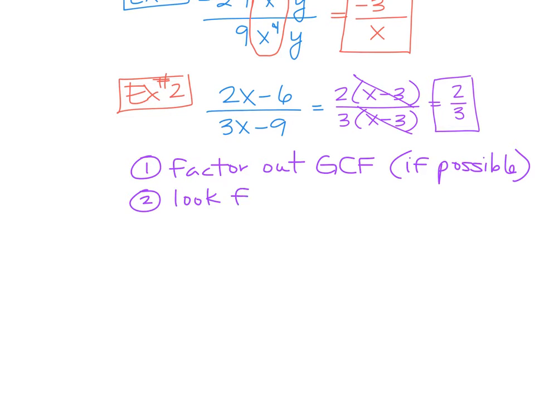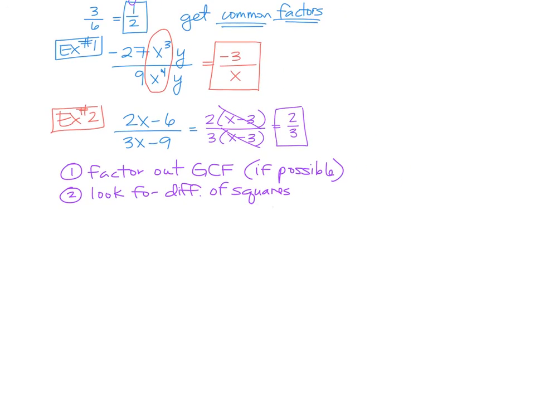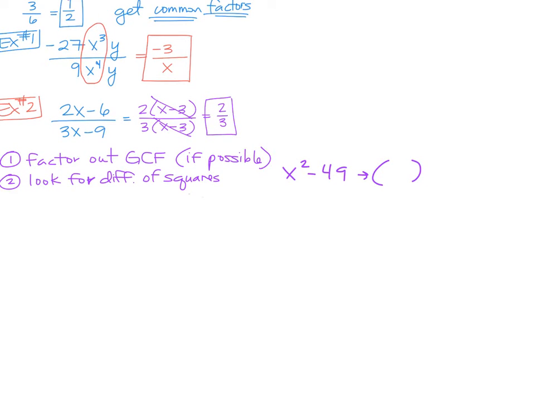I'm just going to write it that way. Look for the difference of squares. Do you remember what difference of squares looked like? Right, so if I had x squared minus 49, for instance, that would be what? Right, so remember 1 is plus, 1 is minus, and you take the square root of both of them.